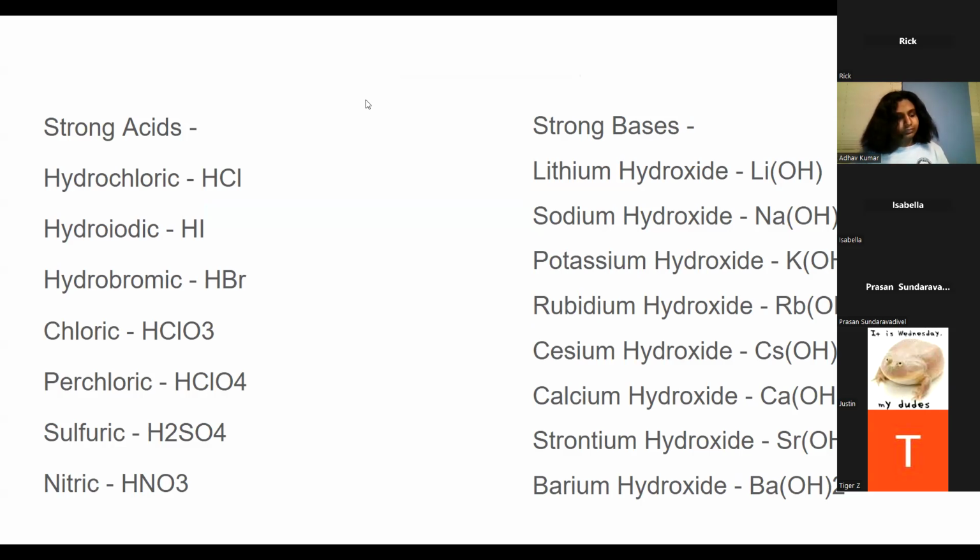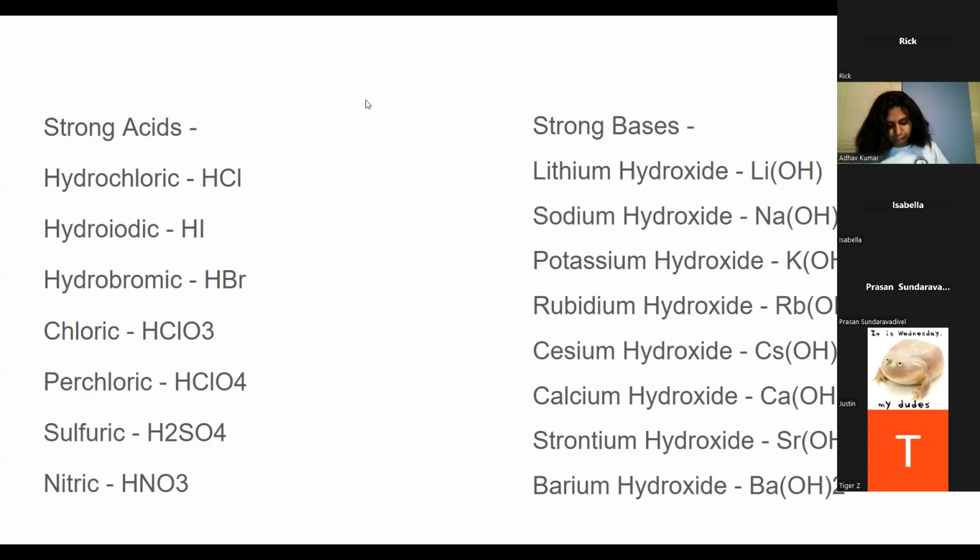So what strong acids do is that they will 99.9% dissociate. They dissociate so much that it's not really reversible. You wouldn't write it as an equilibrium reaction because it's so far weighted to the right. So these acids will all completely break up into, for example, hydrochloric acid H plus and Cl minus, hydroiodic H plus, I minus. You guys get the point.